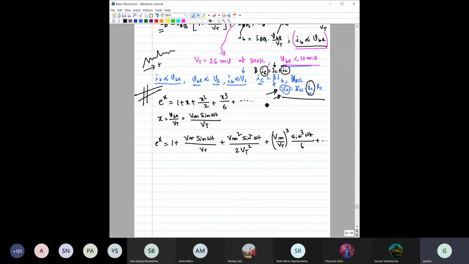So we are not considering the higher terms, but you could have considered that, because we just want to see what would be the effect of this x square and x cube.